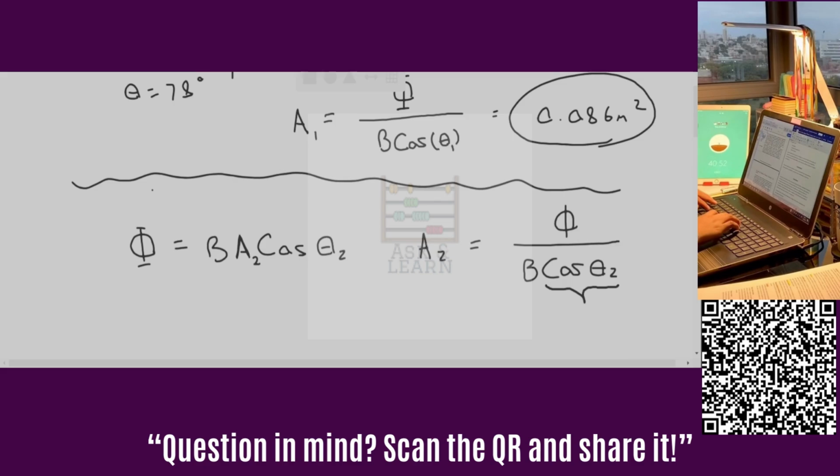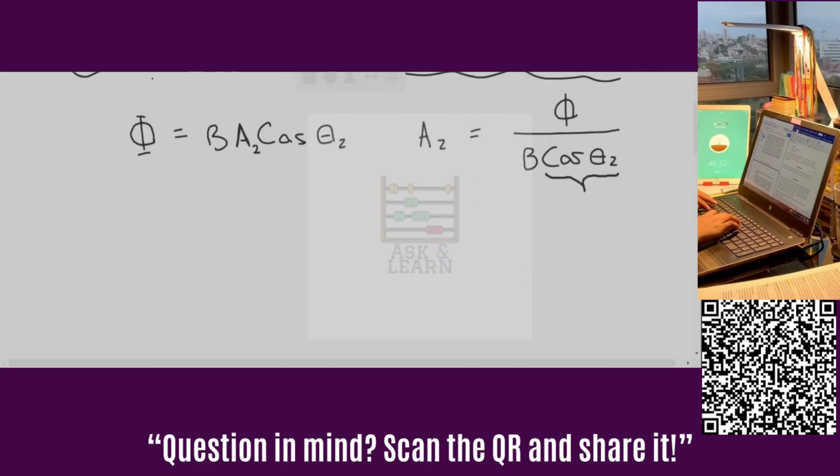The biggest cosine of theta can be is 1. If cosine of theta 2 is 1, this means that theta 2 is 0. That's the mathematical way to think about it.